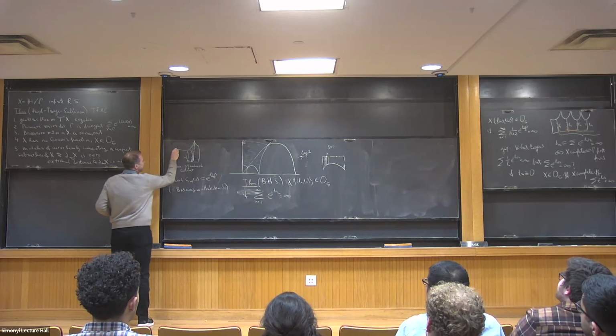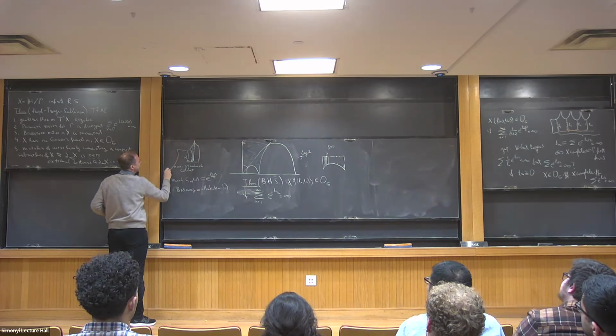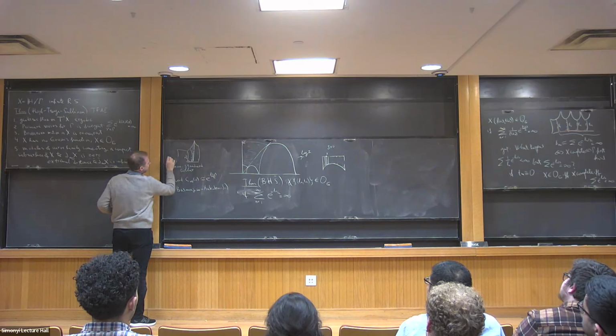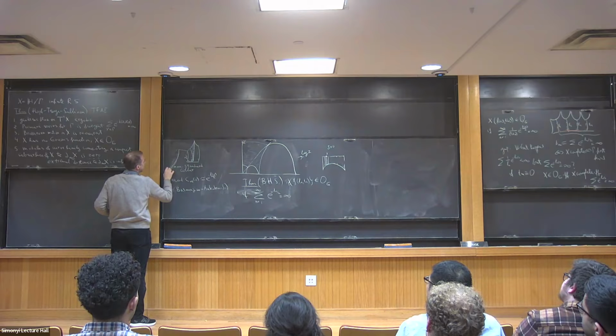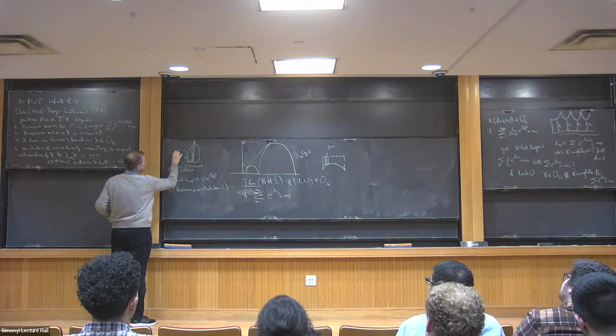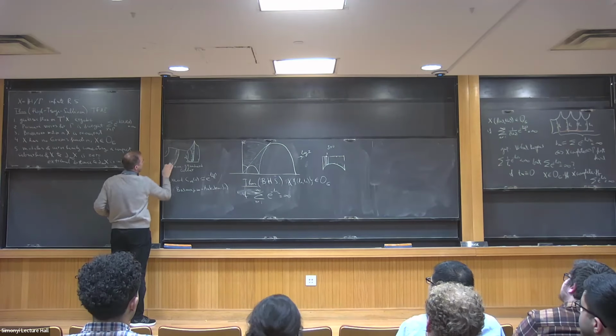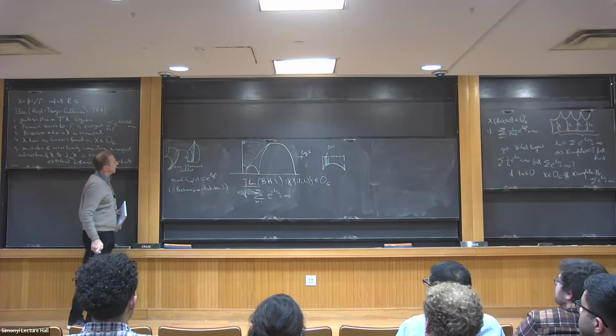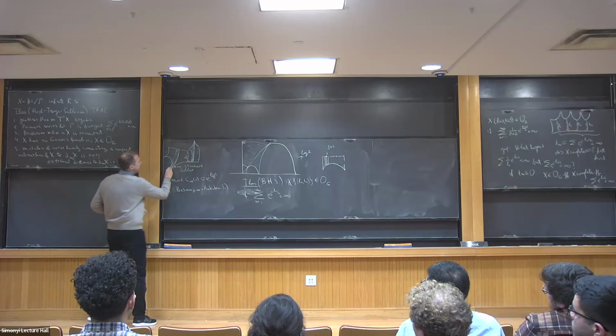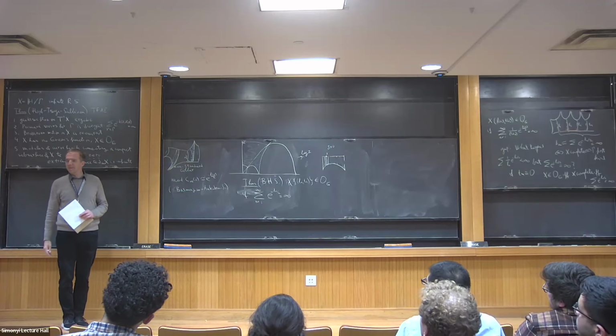so I'm trying to draw, this is going to be very hard to draw. So here is the next pair of pants, the twist is not 0.